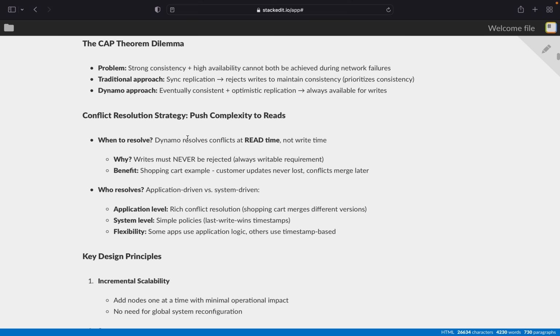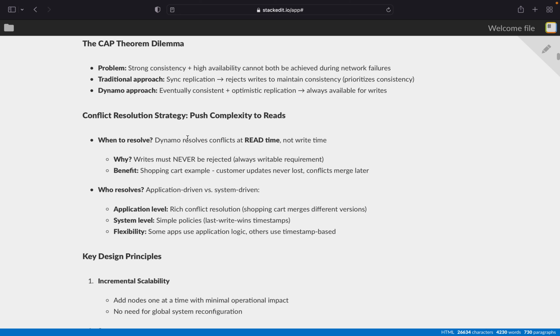In that case, a certain downtime is possible, because it's possible that a majority of the nodes are down. Then the writes will be rejected, which was against the requirement that Dynamo had.